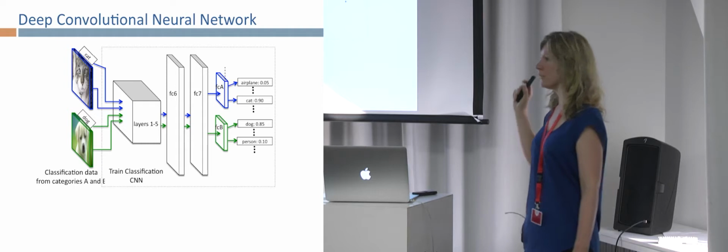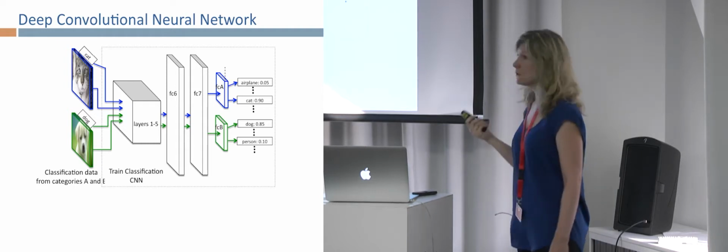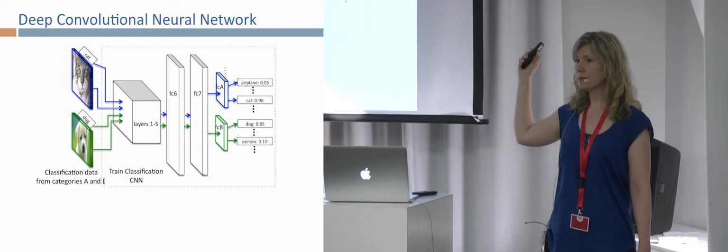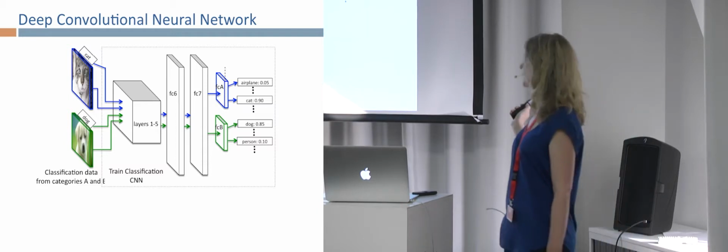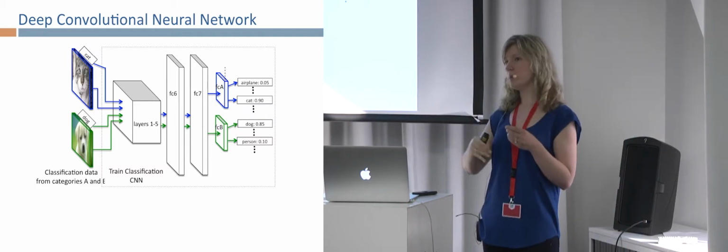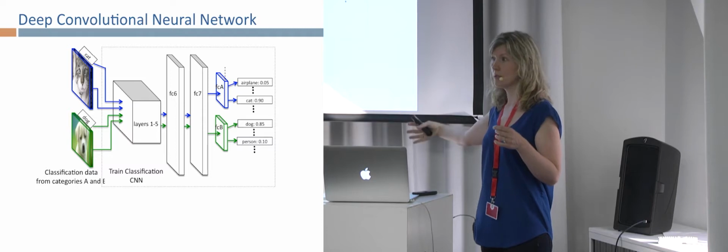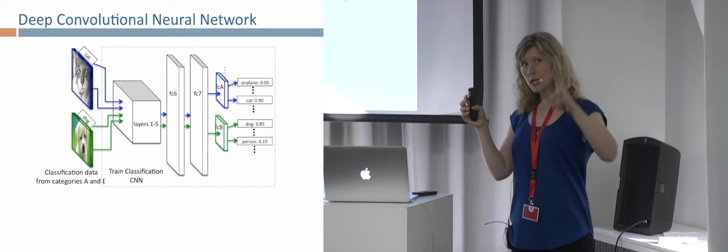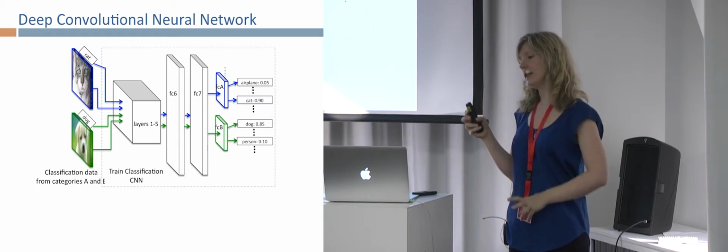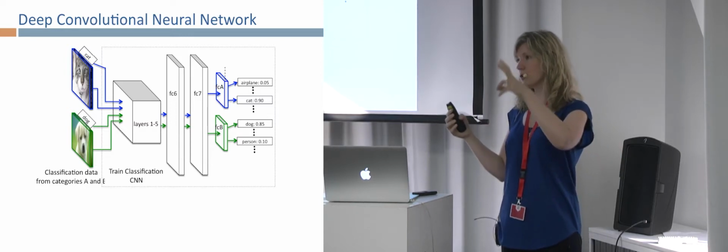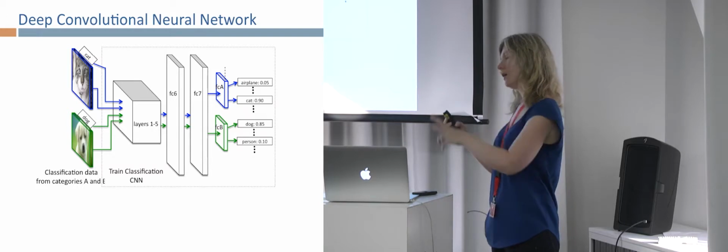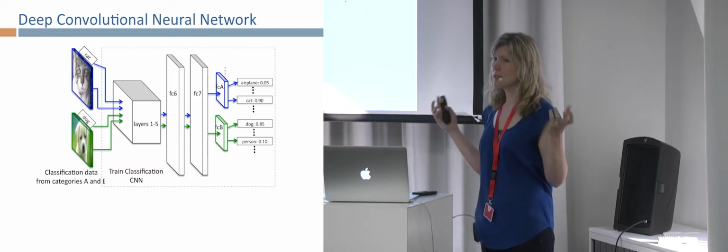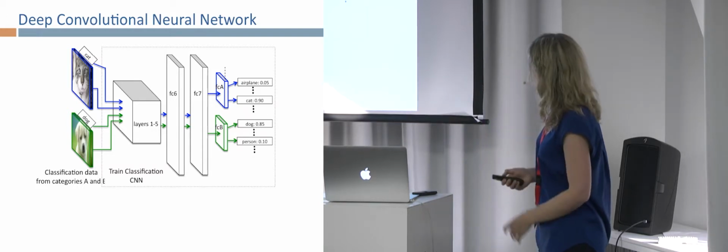Okay, quite a few people do. How many people know what a neural network is? Okay, so a deep neural network is just a neural network with many hidden layers. Instead of a multi-layer perceptron where you have an input layer, a hidden layer, and then an output layer, you just have many hidden layers, and that's essentially a deep network.